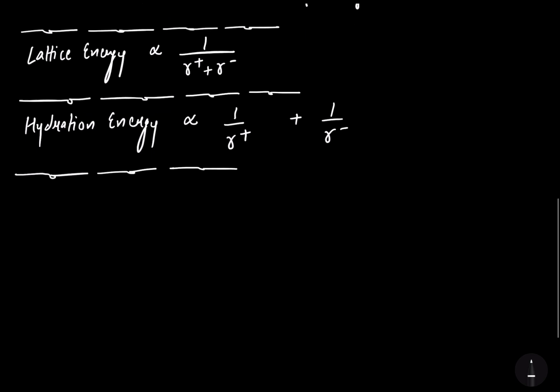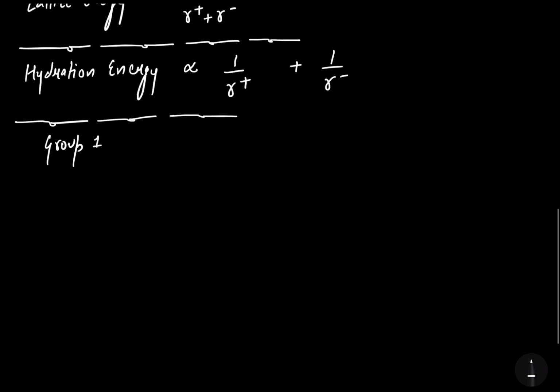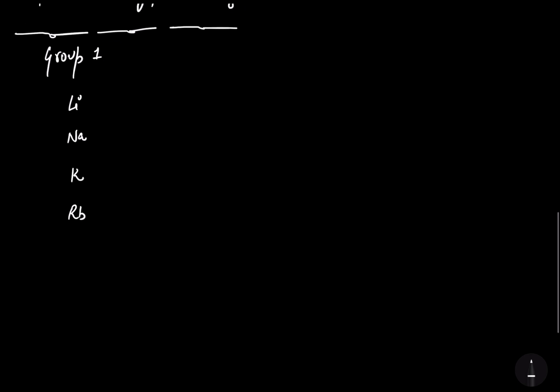Now, hydration energy. Let's discuss hydration energy according to a group. Let's take an example of group number 1 of the periodic table. The group number 1 is lithium, sodium, potassium, rubidium, cesium and francium.